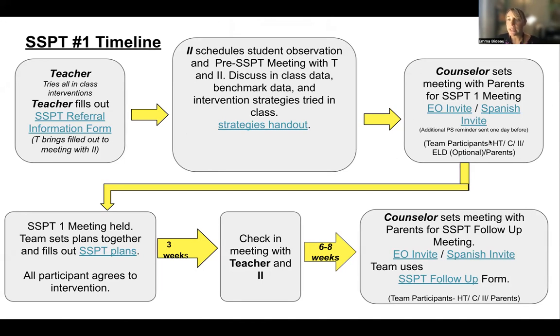Then the counselor would set the first SSPT meeting with parents. That meeting is held. In 3 weeks, then we do a check-in, see how things are going. And then in 6 to 8 weeks, we have the follow-up SSPT meeting with parents, and the counselors set that up.